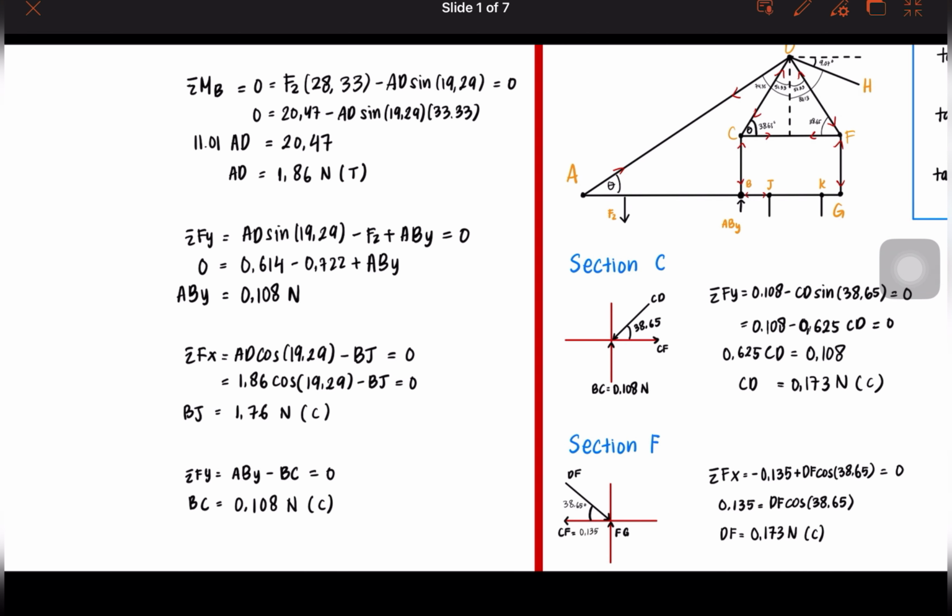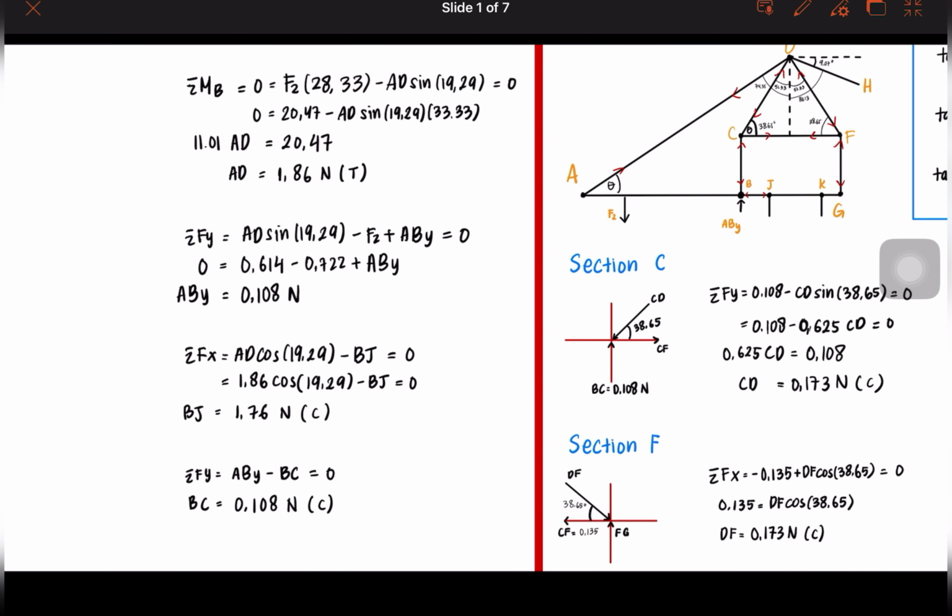After that we can find member BC by using sigma Fy equals 0 again, but this time we put ABy minus BC. ABy is positive because it's going upward and it will cancel out BC since BC is going negative. So we got BC as 0.108 Newton, and it's compression. Now we have found AD, BC, and BJ. We can find the rest of the members.